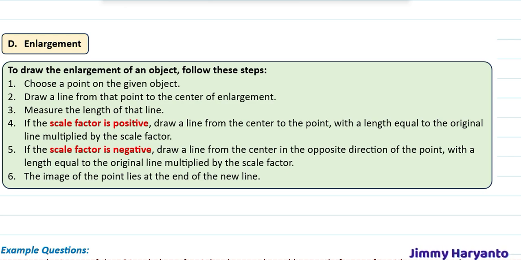If the scale factor is positive, you have to draw a line from the center to the point. That means the same direction. If the scale factor is negative, draw a line from the center in the opposite direction of the point. The image of the point lies at the end of the new line. I will explain this later in the example questions, so you will understand it more.